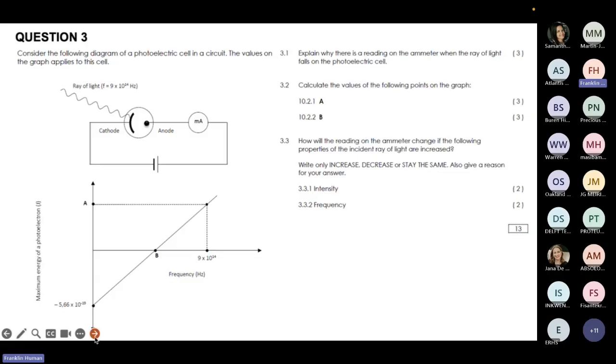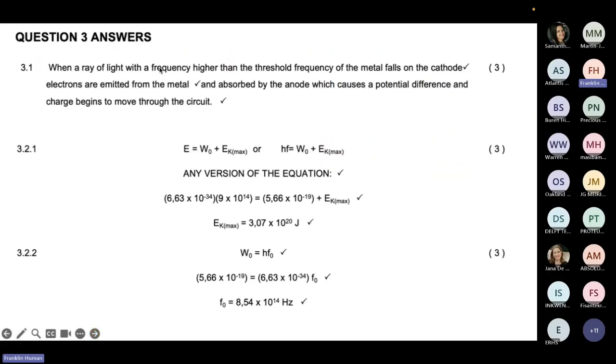So let's go to our answer quickly. When a ray of light with a frequency higher than the threshold frequency, that is so important, falls on the cathode, electrons are emitted from the metal. And I think all of you figure that out.